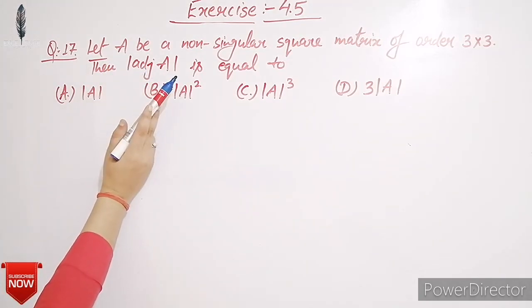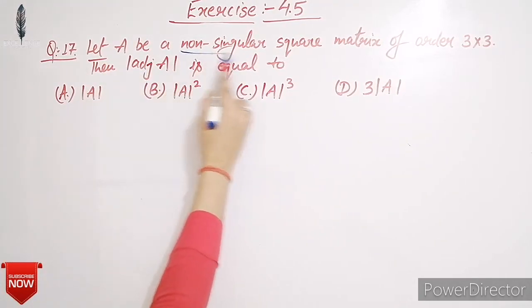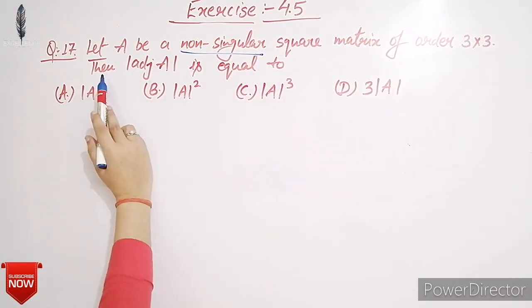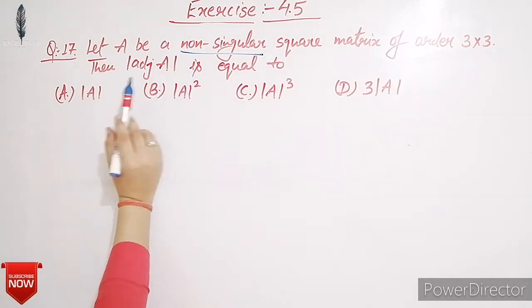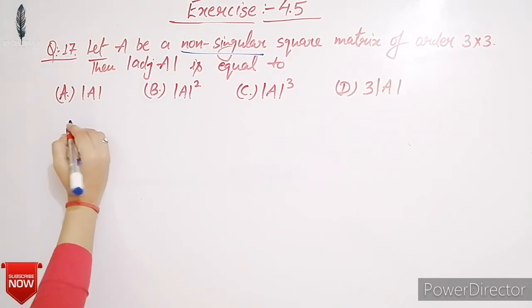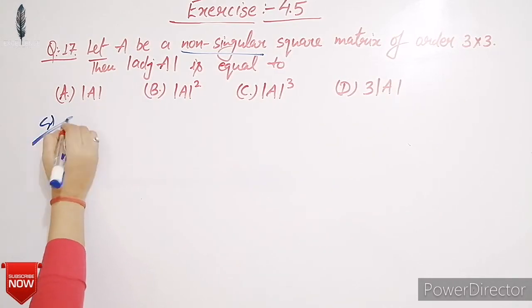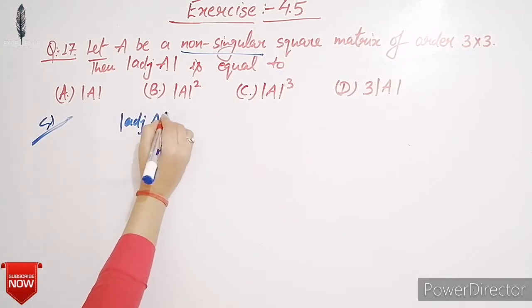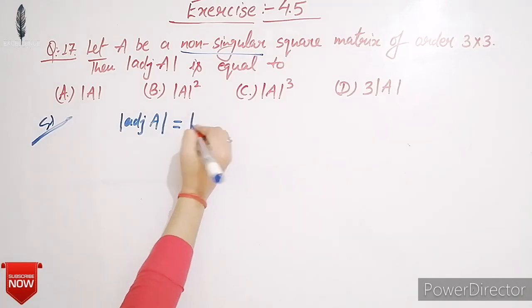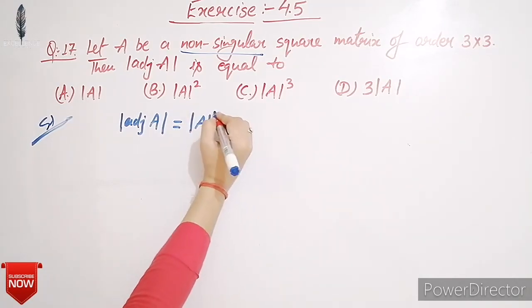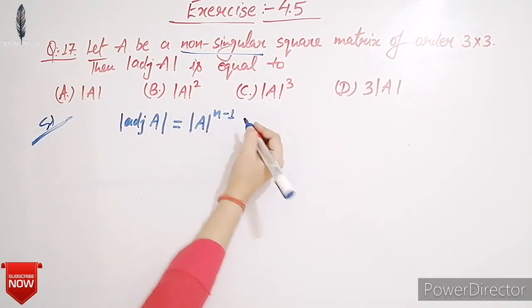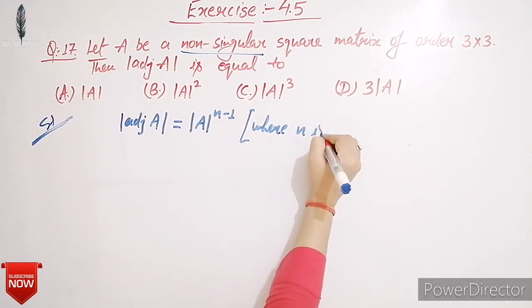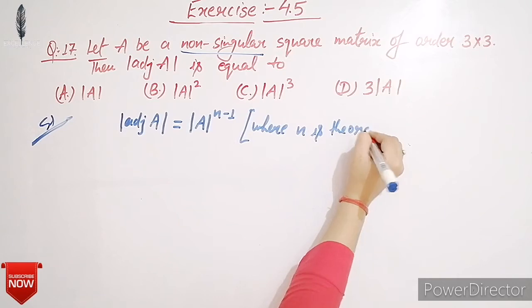So let's see question number 17. Here we have A, a non-singular square matrix of order 3 into 3. Then determinant of adjoint A is equal to. So let's solve it. Remember, determinant of adjoint A is equal to determinant of A raised to power n minus 1, where n is the order of the given matrix.